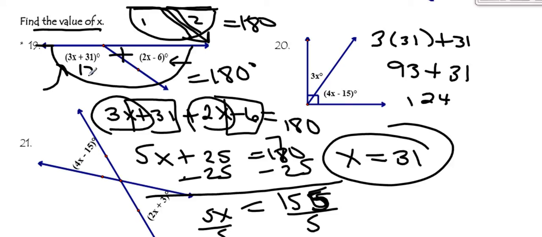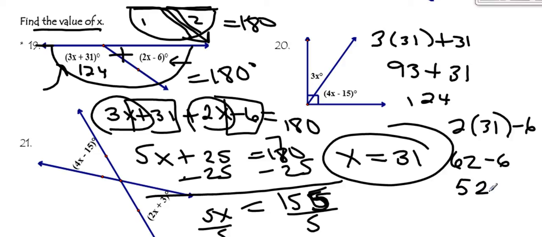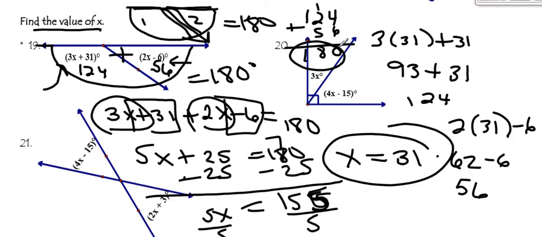So that's this angle right here, 124. 2x minus 6, 2 times 31 minus 6, is 62 minus 6, so it's 56. So this angle right here is 56. And now we have to check. Does 124 plus 56 equal 180? And it does. So we're awesome.